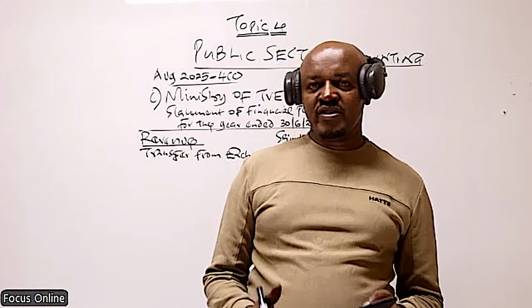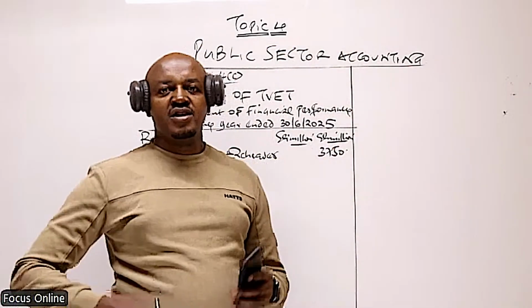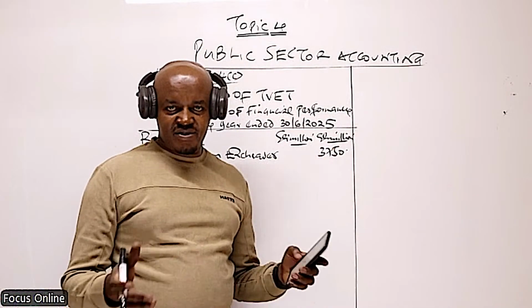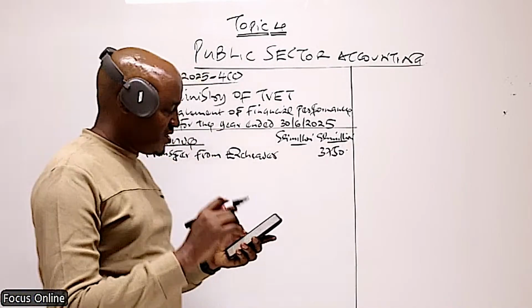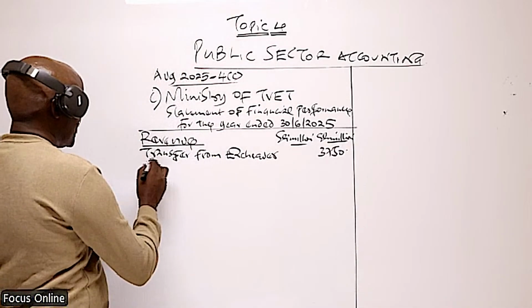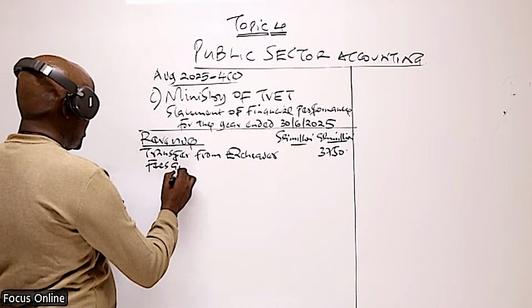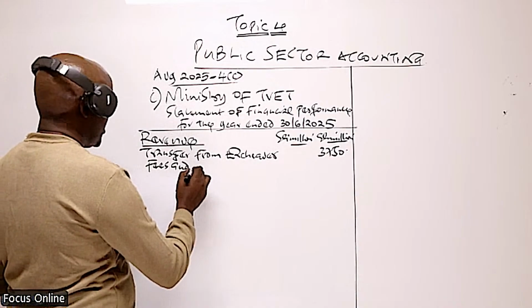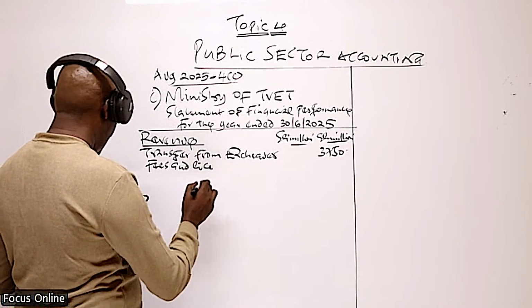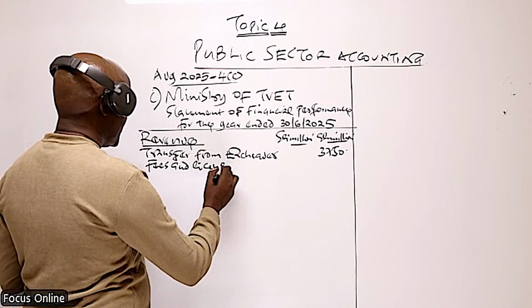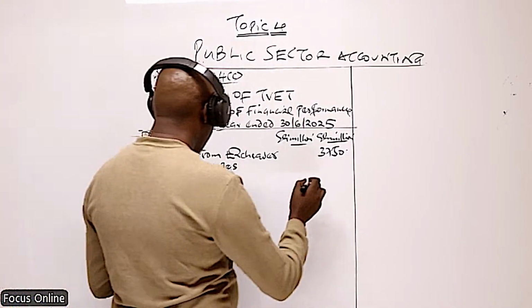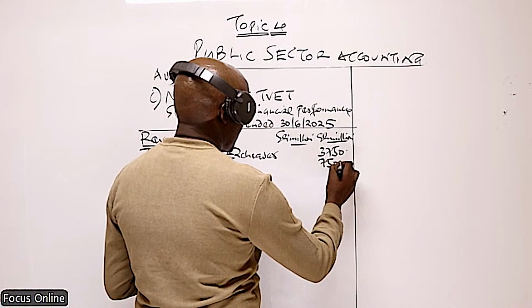Basically, this ministry provides some services and charges a small fee. So these are the fees charged for the services offered. Fees and licenses, that is still an item of revenue.